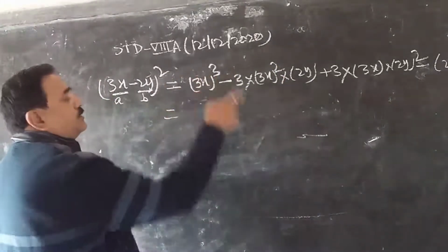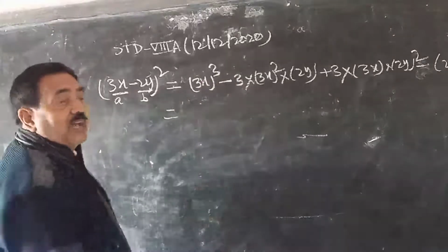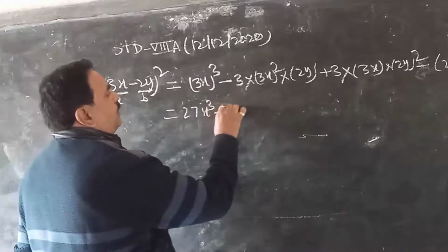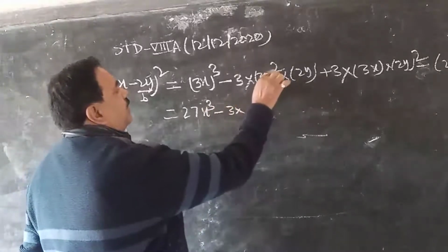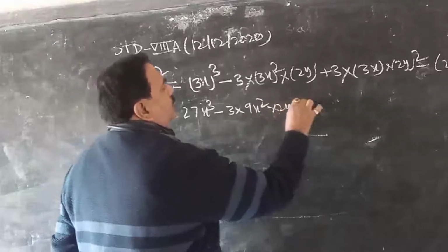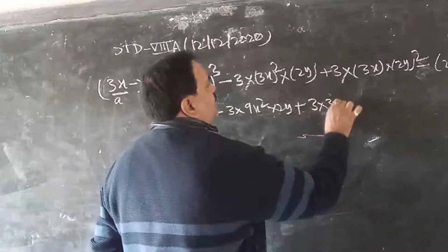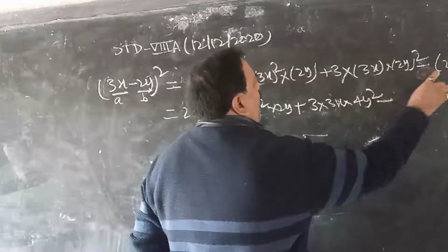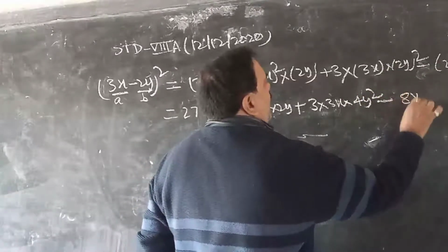So 3 3s are 9, 9 3s are 27x cube. Now 3 into (3x) square means 9x square, into 2y. This is 3 into 3x, (2y) square means 4y square, and (2y) cube means 8y cube.